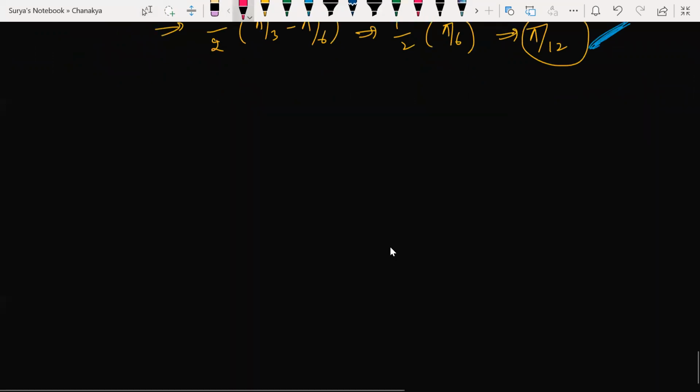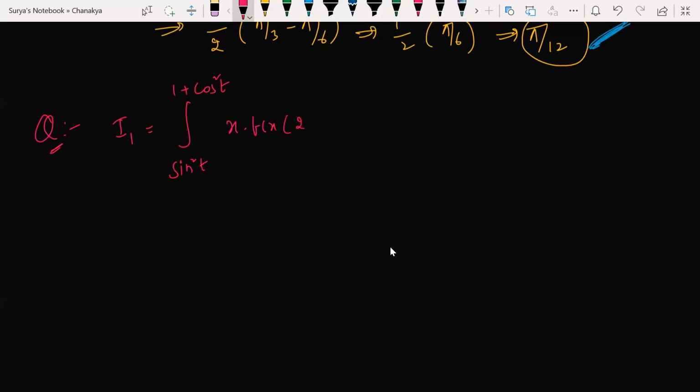The question is quite interesting now. I1 is given to you as the integral from sin square t to 1 plus cos square t of x into f of x, okay.